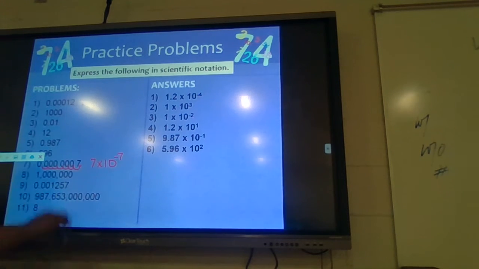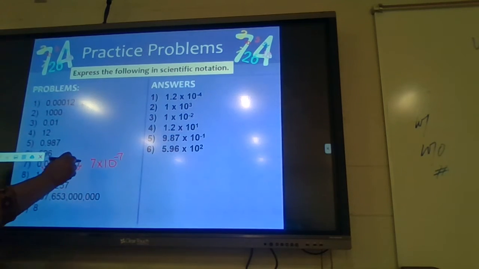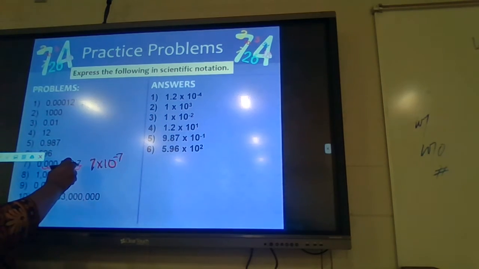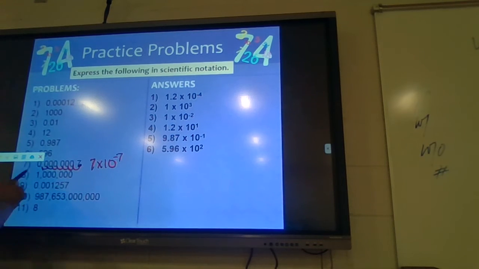So that coefficient has to be a number that's greater than or equal to 1. 7 times 10 to the negative 7. I put my decimal here, and I moved it 1, 2, 3, 4, 5, 6, 7. Let's make sure.